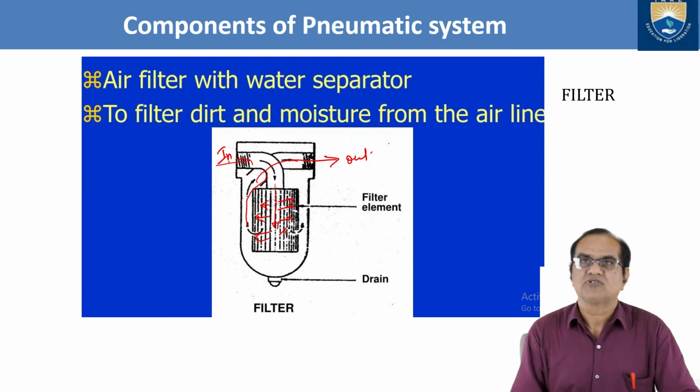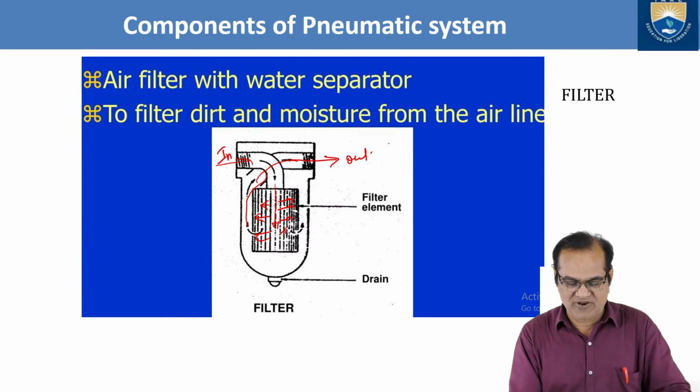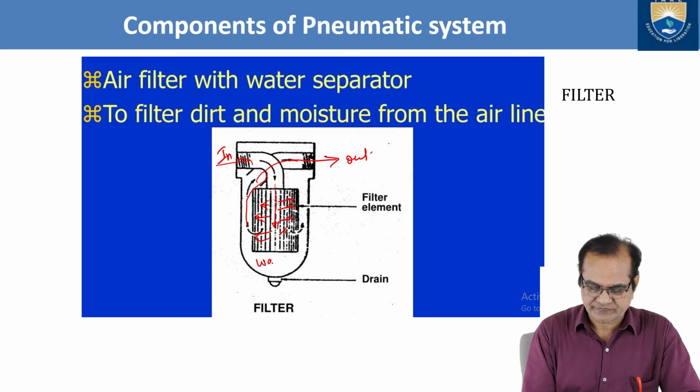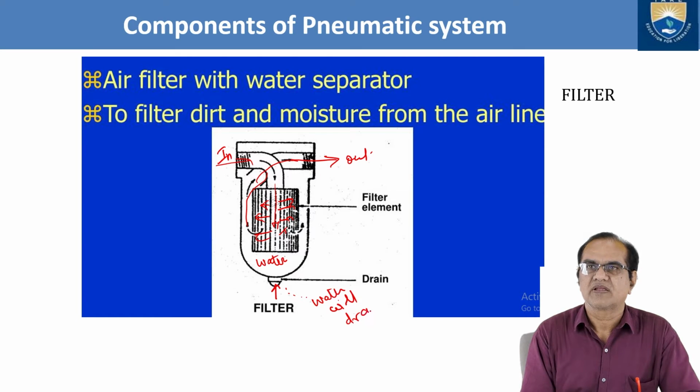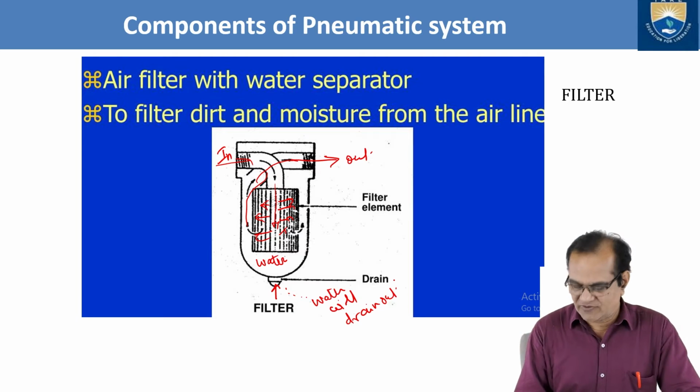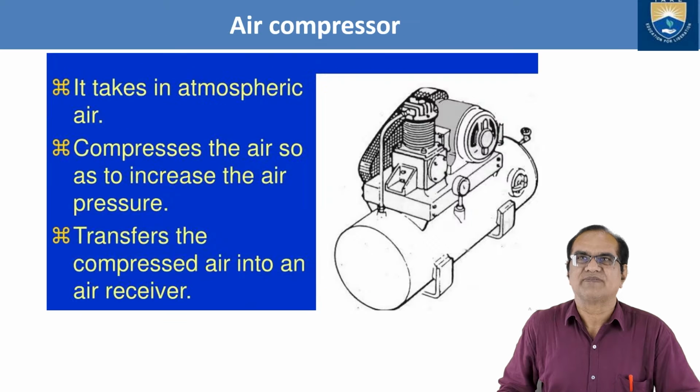This is the in, and this is the filter element. Here the water is separated, and as and when needed, we press this and the water drains out. So this is a simple filter used in the pneumatic system.